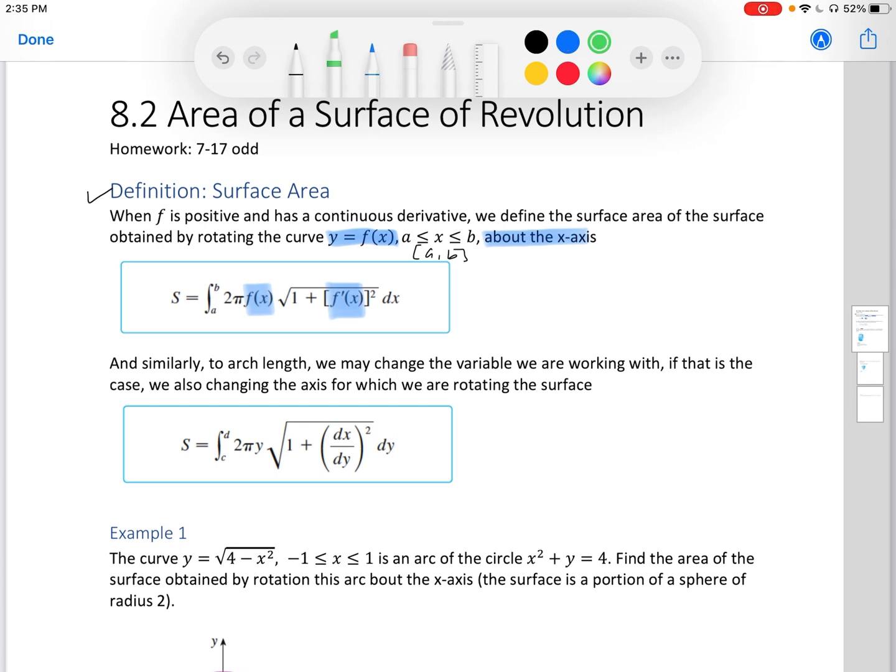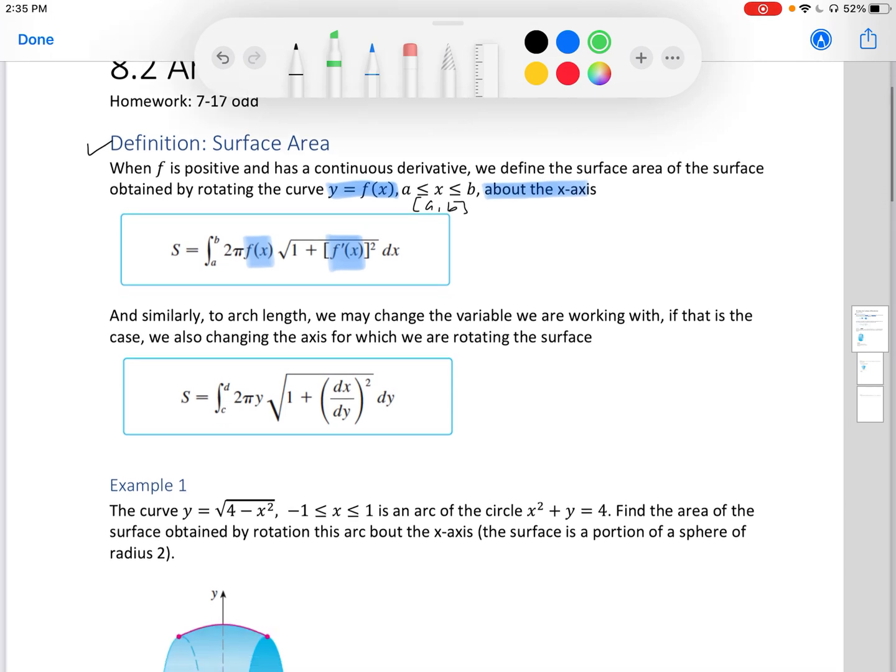And similarly to arc length, we may change the variable we're working with. If that is the case, we are also changing the axis for which we're rotating the surface.